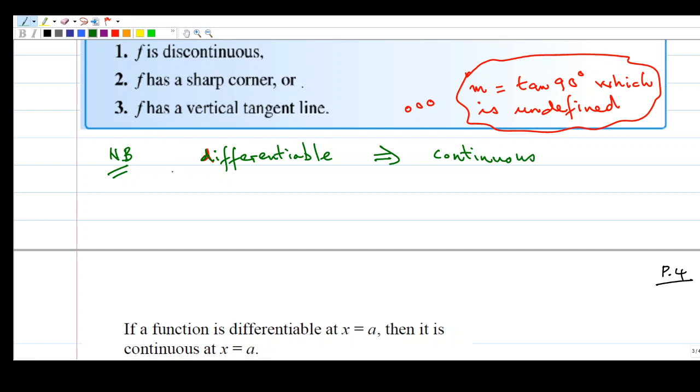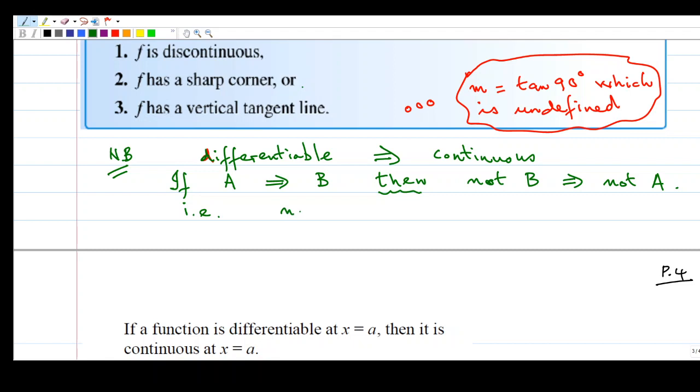Right? And if capital A implies capital B, in other words, if some statement A implies the statement B, then not B implies not A. This is a part of logic.